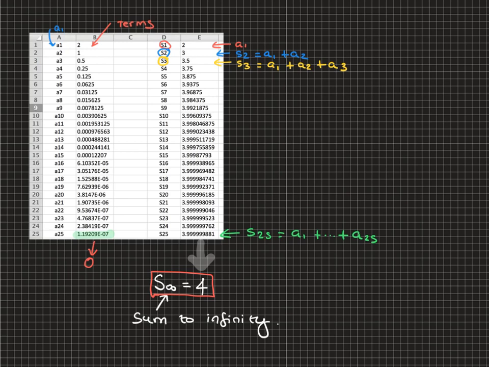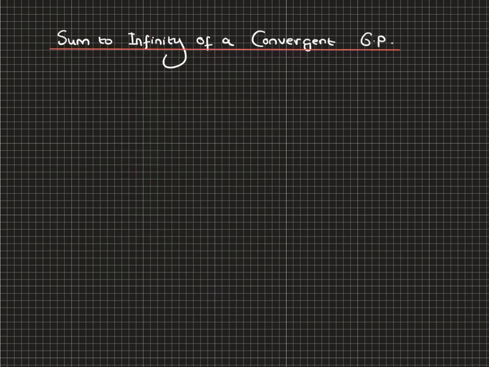So now our aim is to see whether or not we can find the sum to infinity of a convergent geometric progression as a formula. So let's consider the formula for the finite sum of n terms of a GP.